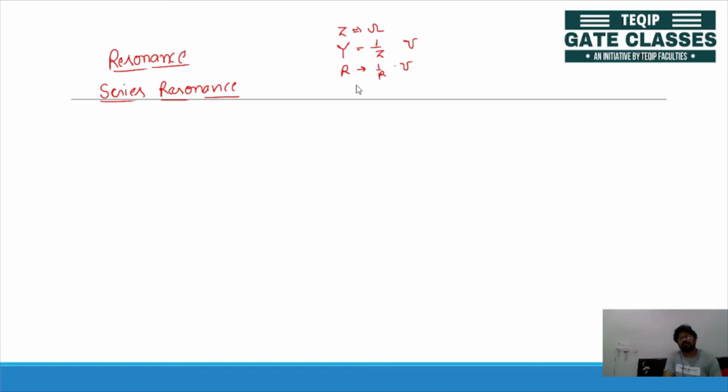The reciprocal of XL is 1/XL. Okay, so remember this. Why it is called admittance, which is reciprocal of the impedance. Okay, so let's start with resonance.